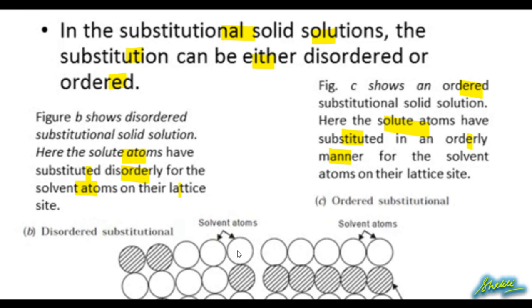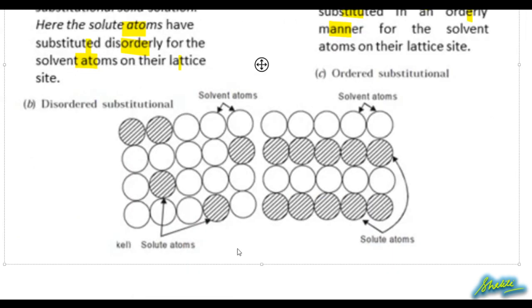As we can see here, this is a disordered form, but this one is ordered form. Solute atoms replace the parent atoms in well ordered form.